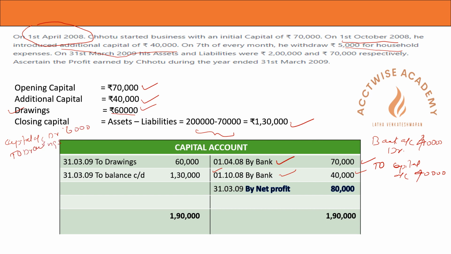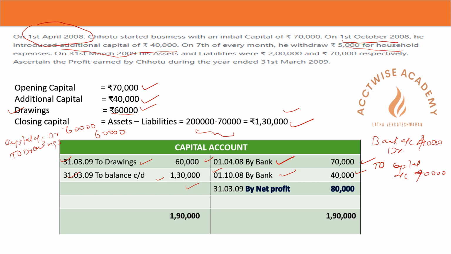Amount is 60,000. So here on 31st March 2009, to drawings we have written 60,000. And we found the closing capital as 1,30,000. So it will be on 31st March 2009, to balance carried down 1,30,000.